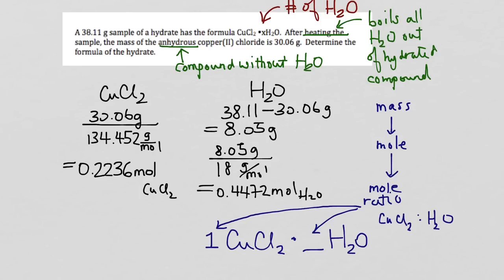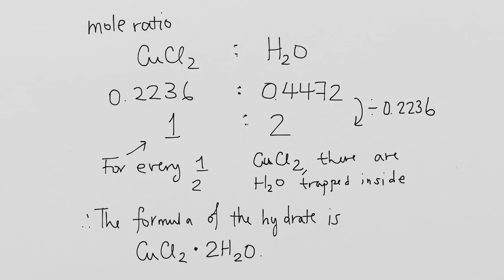What we did was we found the mass of the anhydrous part and the mass of the water. We then divided those by their respective molar masses to find the moles of the anhydrous part and the moles of water. We then set up a mole ratio for the two, and the answer in whole numbers of the mole ratio gives us the formula of the hydrate.